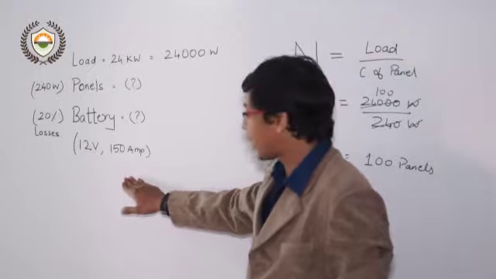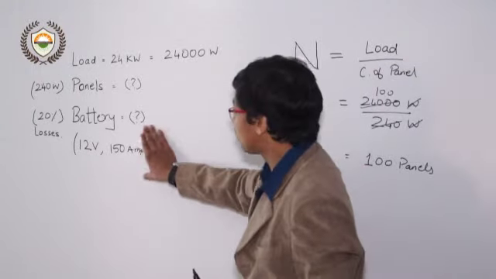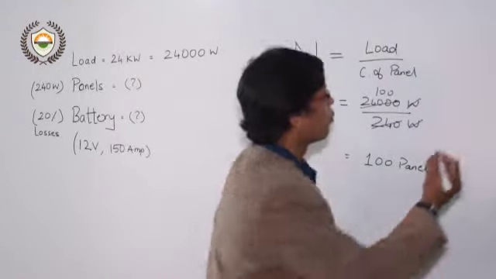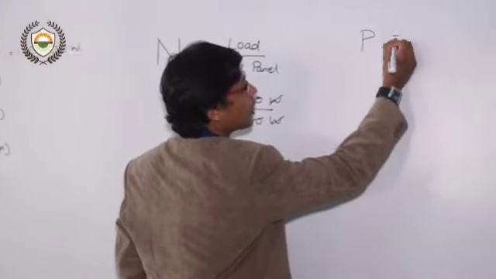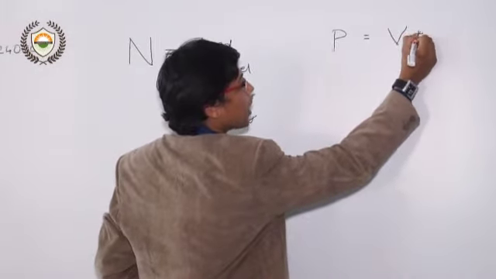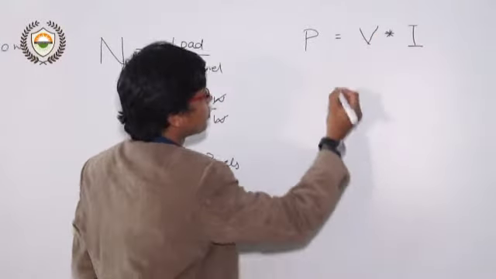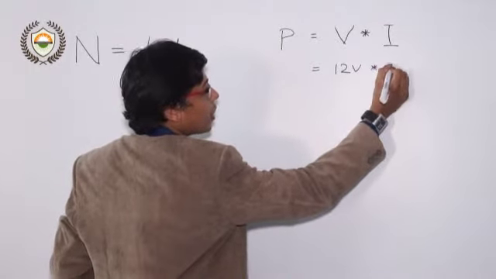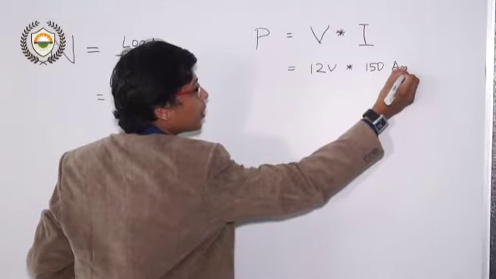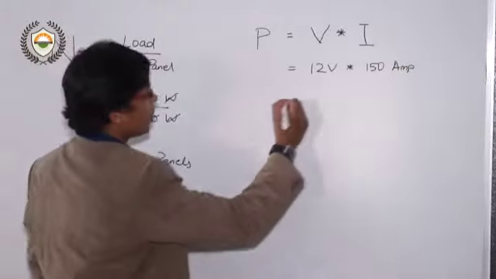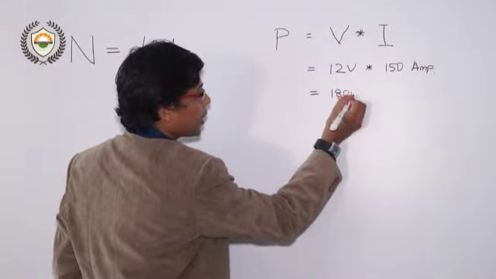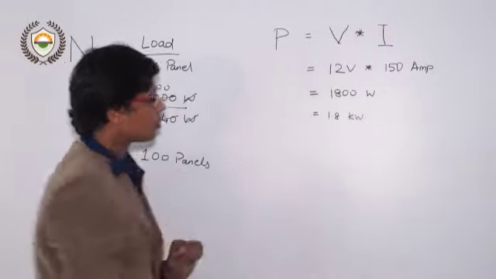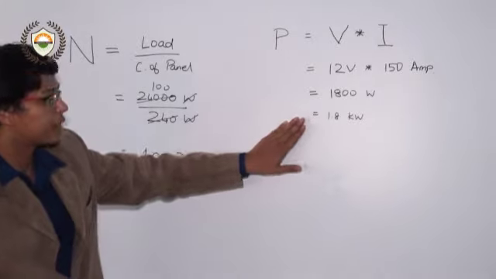If we want to find out the capacity of each battery, or the wattage of each battery, then the formula of power is given as voltage multiplied by current I. So we have a voltage of 12 volts, which is multiplied with 150 ampere of current. This comes out to 1800 watt or 1.8 kilowatt. So this is the capacity of each battery.